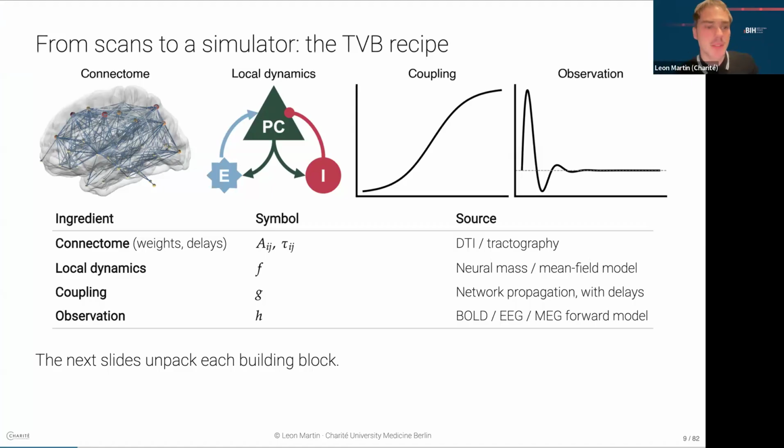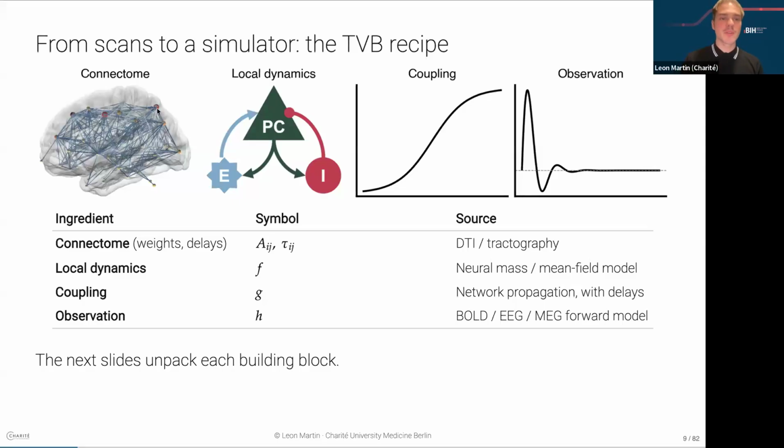No, the coupling is the coupling between the nodes. So in this case, you have a network of, let's say, 80 brain areas, and in each region we put in one neural mass model, one model of local dynamics, which have their own dynamics set up with a set of differential equations which describe the change over time in this node.